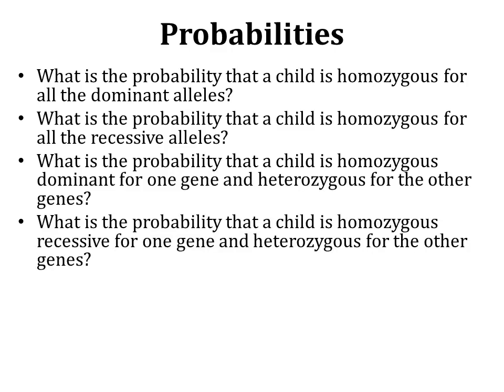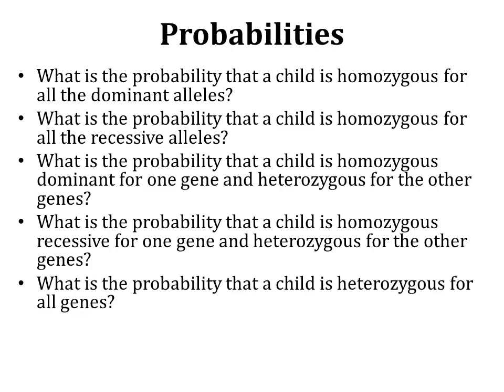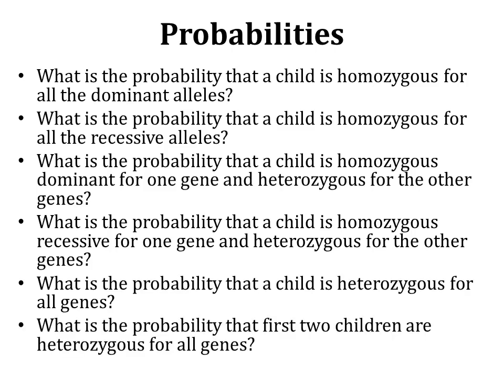The fourth question is, what is the probability that a child is homozygous recessive for one gene and heterozygous for the other genes? The fifth question is, what is the probability that a child is heterozygous for all genes? And the last question is, what is the probability that the first 2 children are heterozygous for all genes? So these are the questions that we have, and now we are going to get the answers.